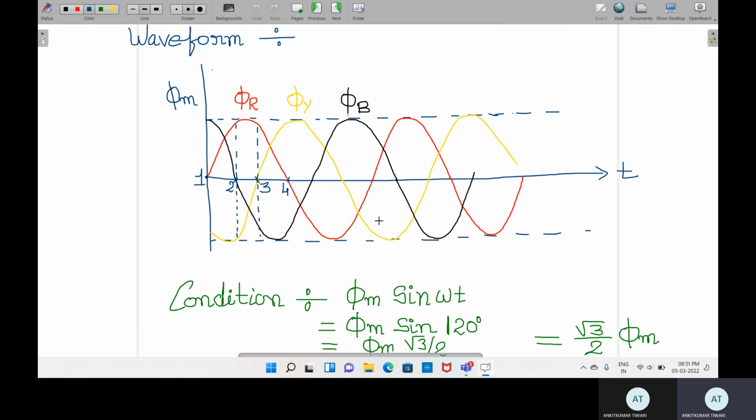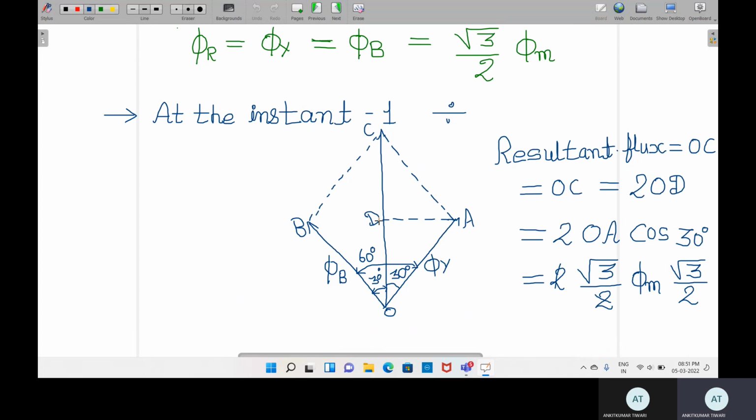As we have seen, the resultant flux is produced by two fluxes. At the instant 1, our resultant flux OC is at a vertical position. It is completely perpendicular to the horizontal axis. So the resultant flux at the instant 1 is vertical, perpendicular to the horizontal axis.